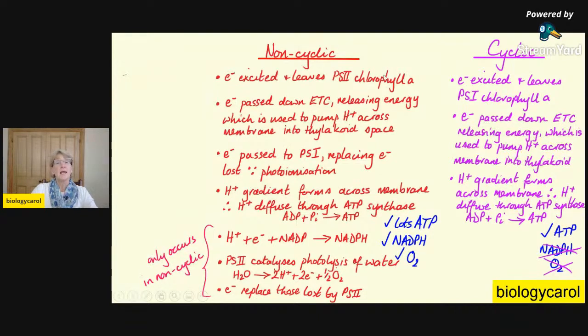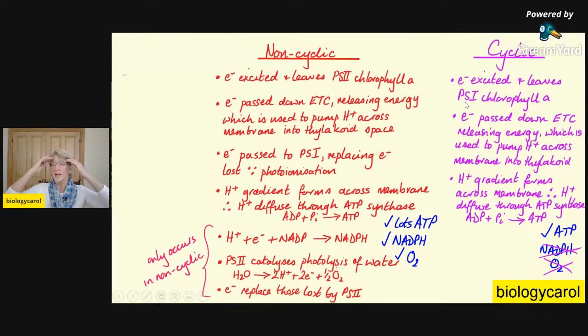However, in non-cyclic photophosphorylation, an electron leaves photosystem 2 and it also leaves photosystem 1. In cyclic photophosphorylation, the electron only leaves photosystem 1.